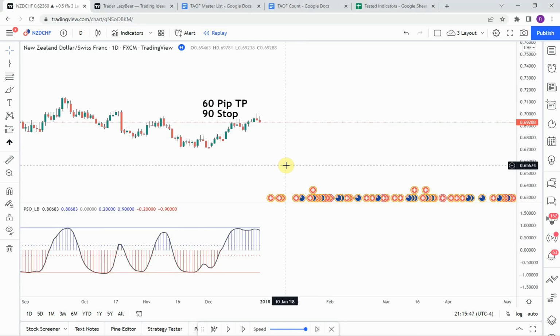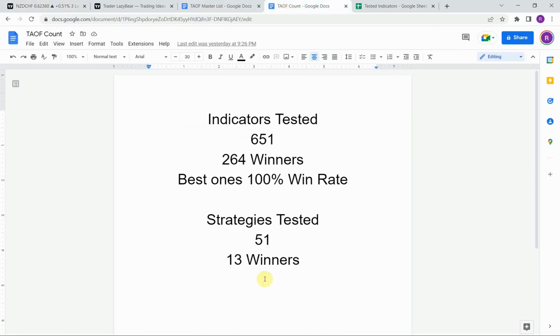Alright, as I said, today we will be testing the premium stochastic oscillator. Before we do though, I wanted to put the testing scoreboard up for everyone to see. So to date, we have tested a total of 51 different strategies, with 13 of them being profitable. We've also tested a total of 651 indicators, with 264 of them being winners.